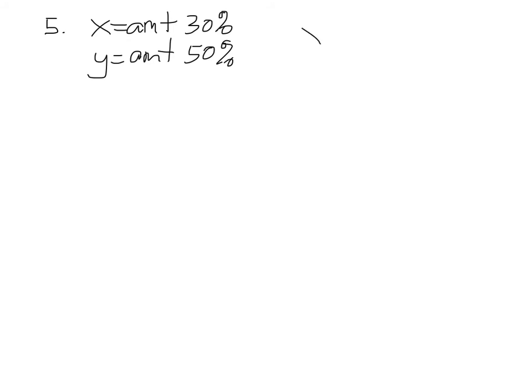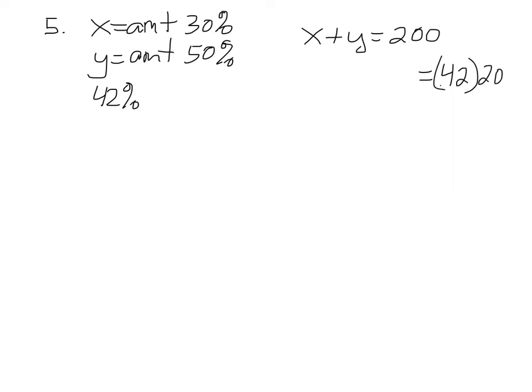So one equation, X plus Y equals 200. The other equation talks about the insecticide. The final answer is going to be 42% insecticide. So how much insecticide is in that final thing? 0.42 times 200. The X is going to contribute, that's 30%. The Y is a 50% solution. So that's my two equations.